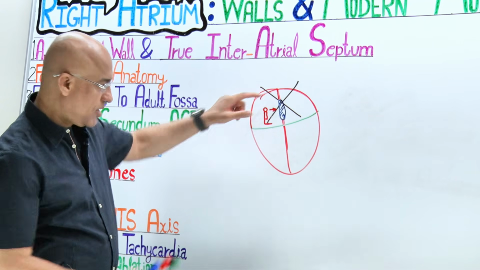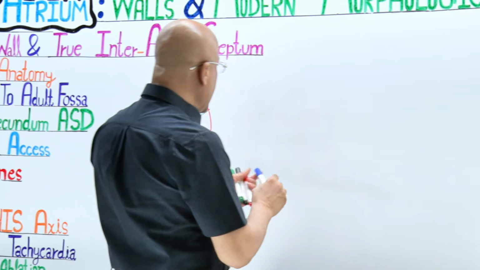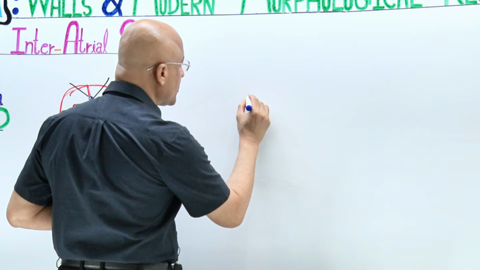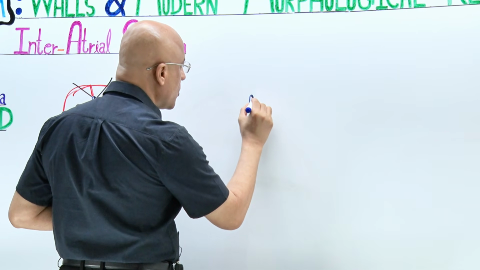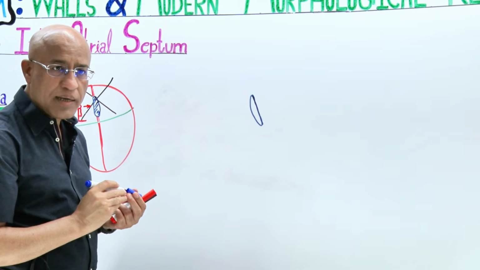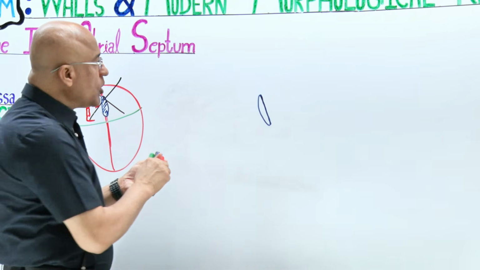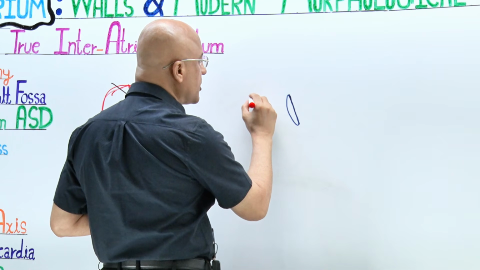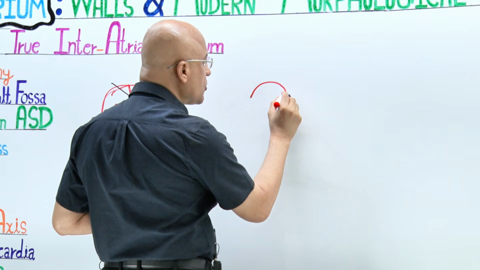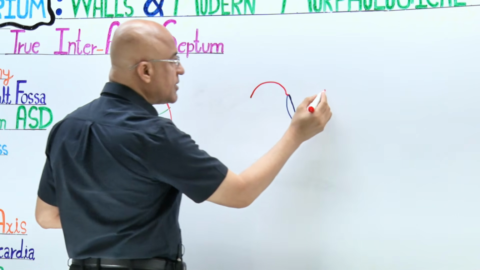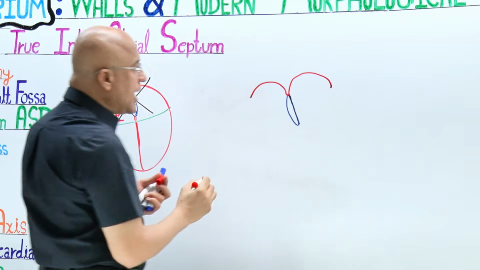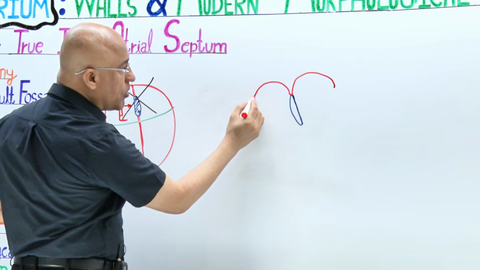But why is this not presently considered the interatrial septal wall? Let me redraw it. Suppose this is the fossa ovalis. Actually, what really happens is that the right atrium has its wall coming down, and the left atrium also has a wall coming down.